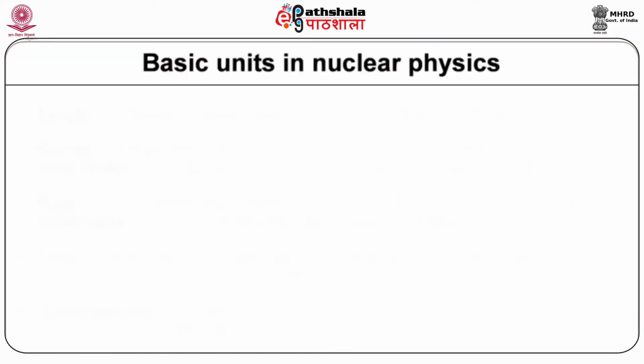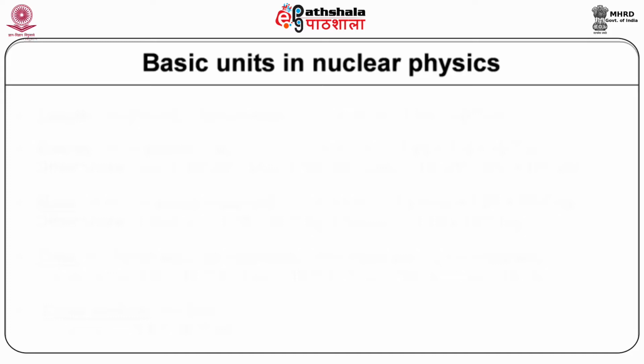So these are very familiar, very common terms that are used in the study of nuclear physics. Basic units in nuclear physics. Now so far we have understood that nuclear physics is important and we need to study nuclear physics for a variety of reasons.